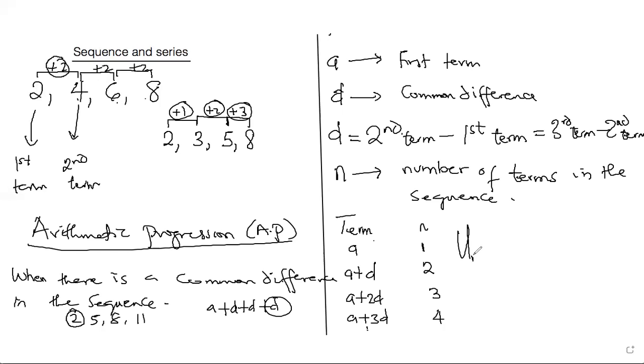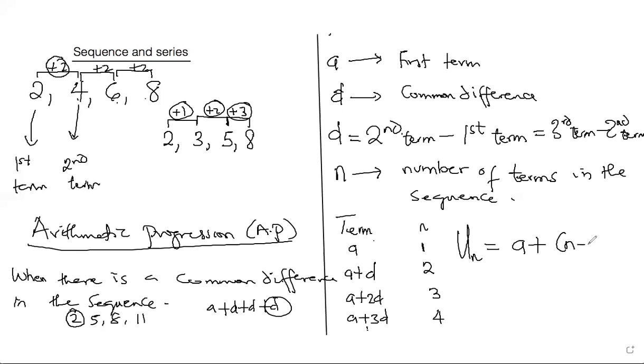So Un, the term at position N, will be equal to the first term, A, plus the product of N minus 1 and D. That gives me the term in that position, N.